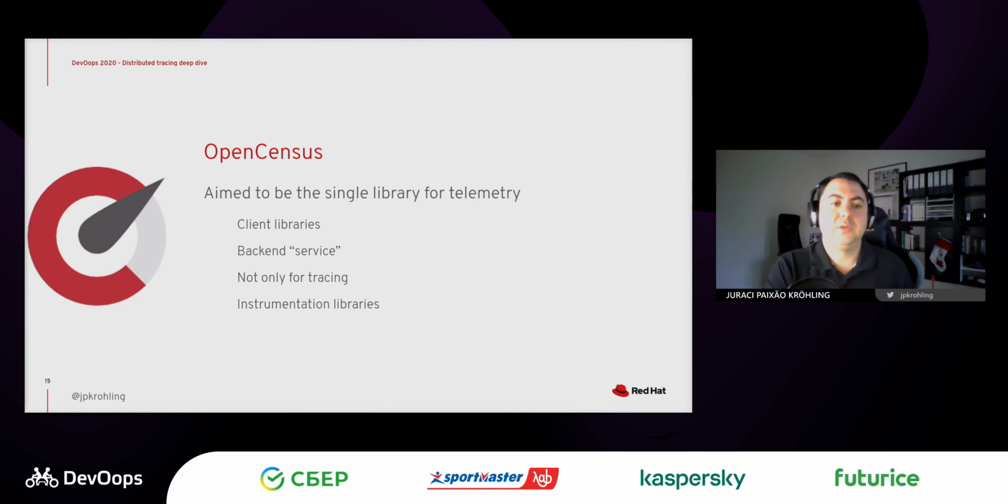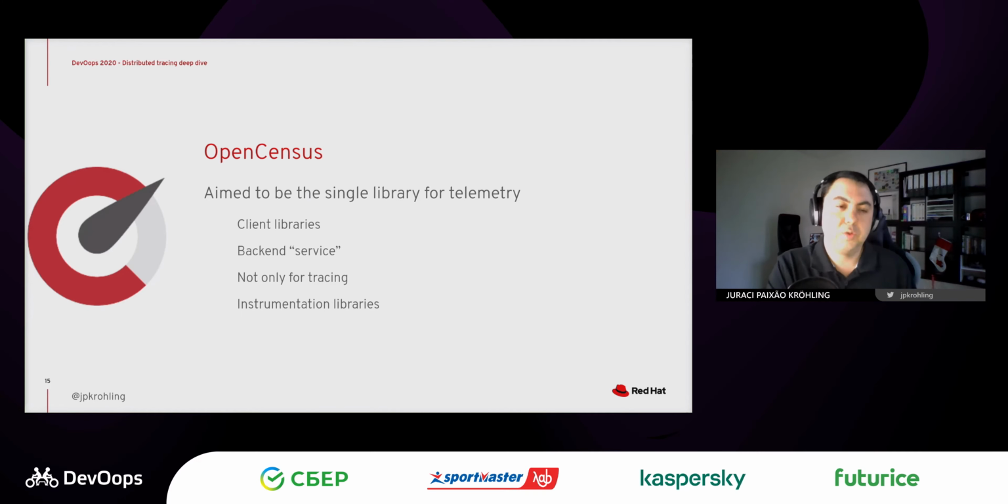And similar to OpenTracing, it also provided a set of instrumentation libraries, meaning that if you are using some popular frameworks, you can just use those libraries and get very good visibility of what your application is doing. Now, as you can imagine, quite a few of those items are common between OpenCensus and OpenTracing, and quite a few of those items are not really a match.